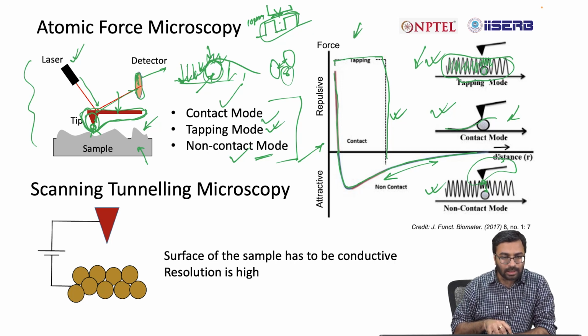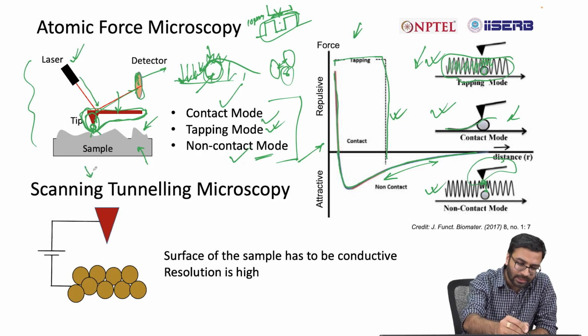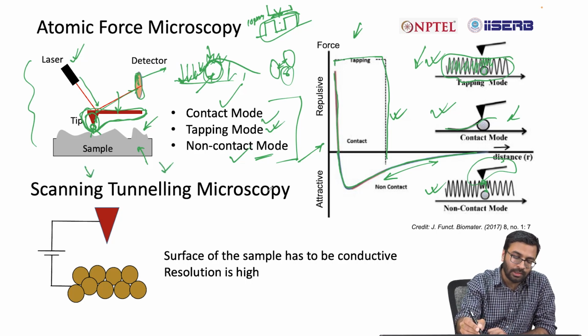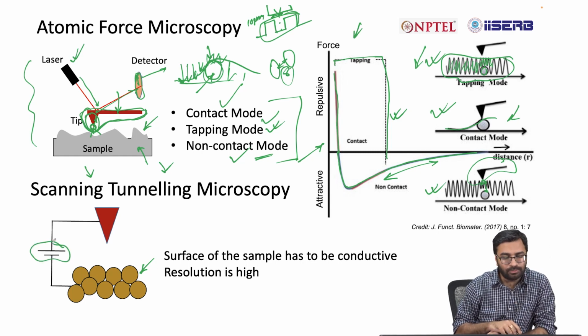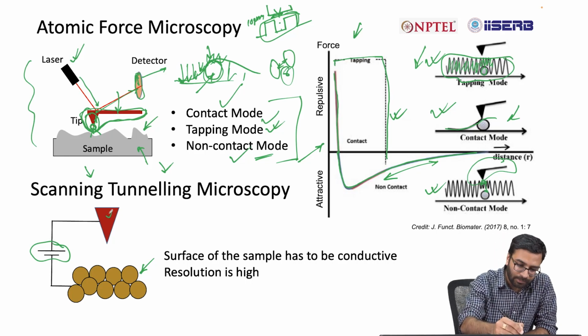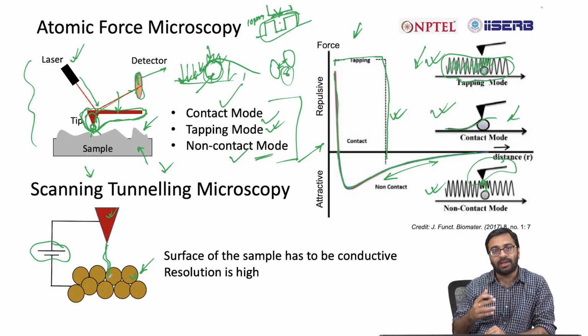Now there is another microscopy similar to that, which is known as scanning tunneling microscopy, where your substrate has to be conductive, and then you apply a sufficiently large potential between the tip and the substrate, and then based on the feature size, there will be a tunneling current which will vary.